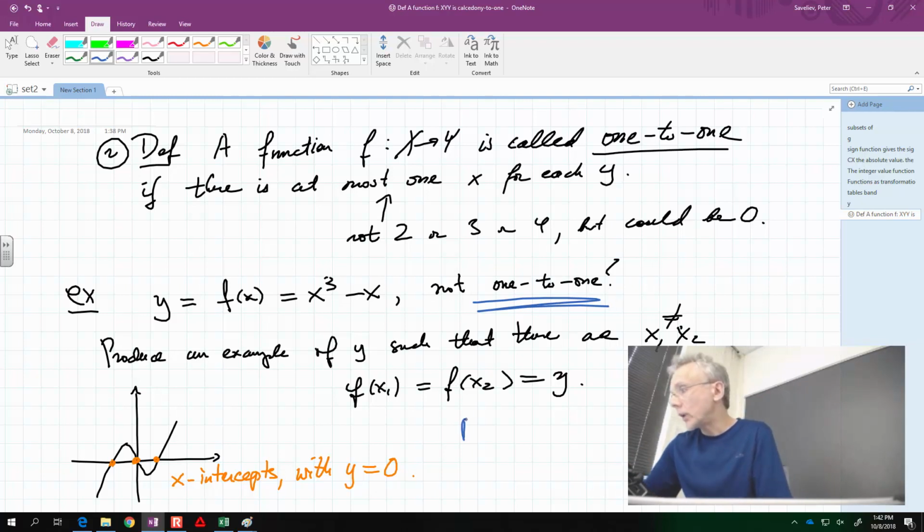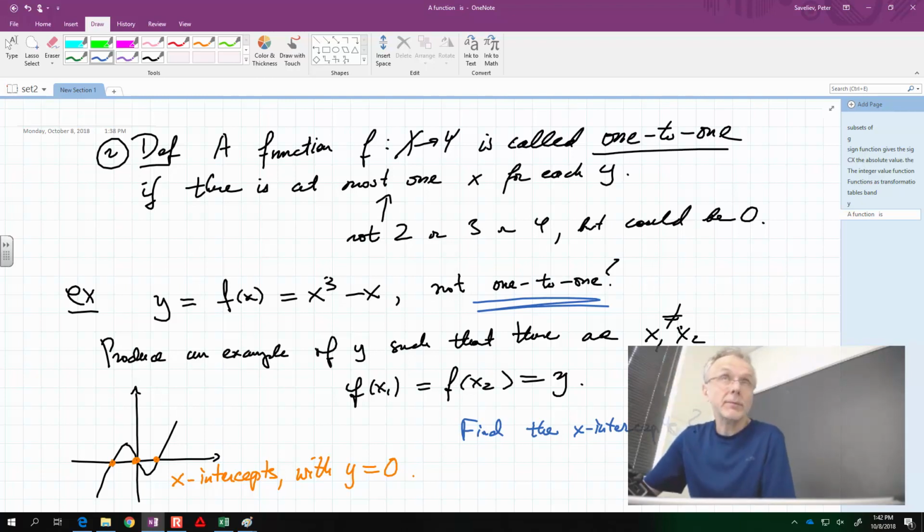So how do we find the x-intercepts? How do we do it? How do we find x-intercepts? This is the function.